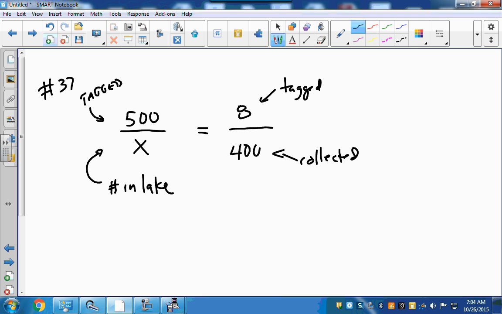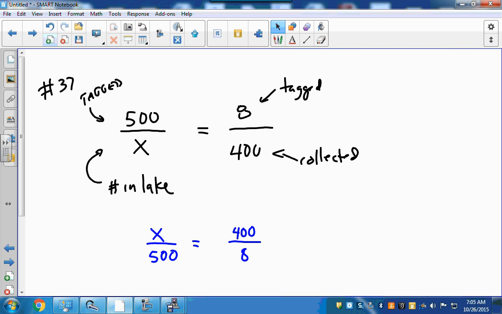Now, I suppose you could turn it upside down if you like. There's nothing wrong with doing that, putting the total amount in the lake on top and the number of tagged fish on the bottom. And then for the sample, the total sample on top, and then the number that were tagged in the sample on the bottom. Both these proportions will work. They work exactly the same way. We're going to be cross multiplying.